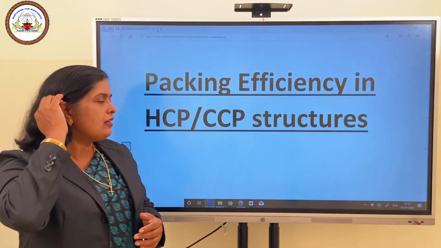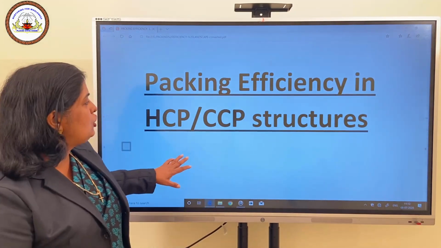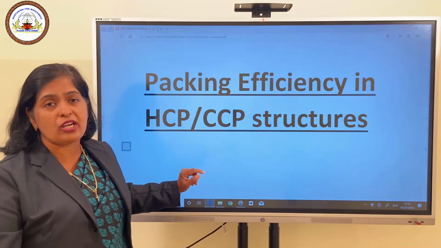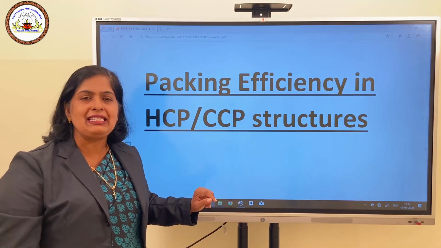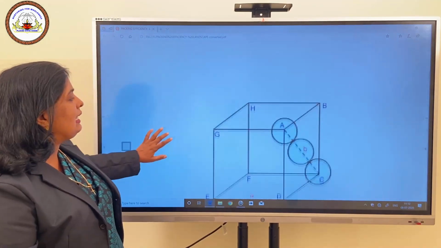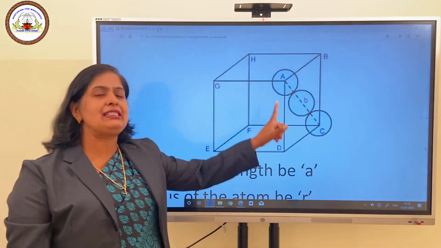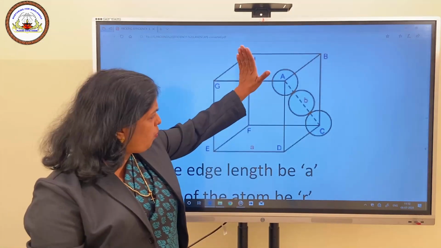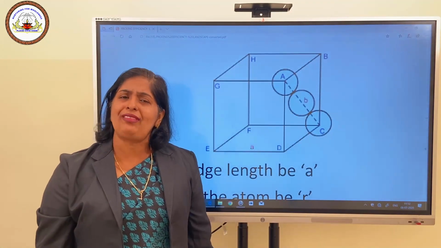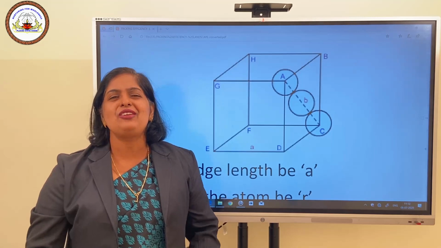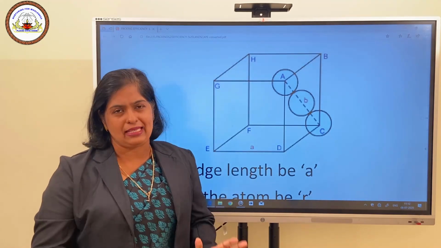Now we will calculate how we are getting this packing efficiency of these structures as 74%. For that, we will take the unit cell of a close packed structure, which is face-centered unit cell. It is shown here, a face-centered unit cell. Only one face is arranged with atoms in order to avoid mess.